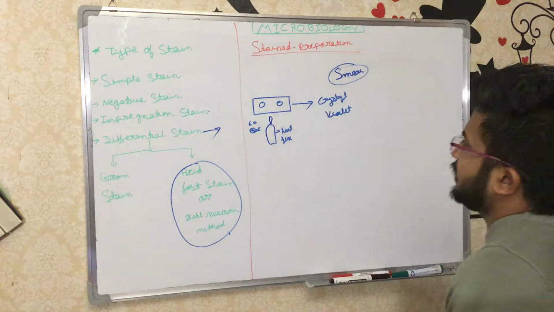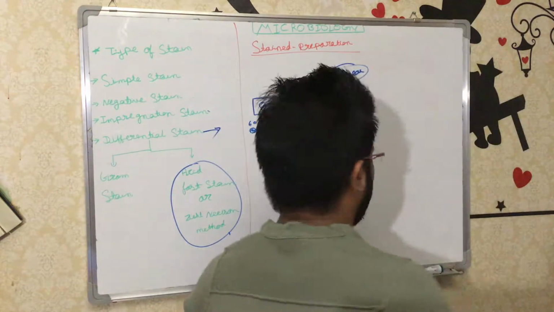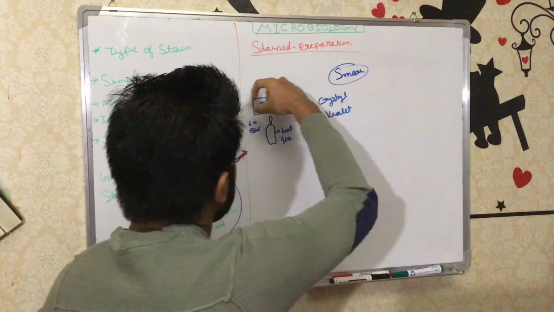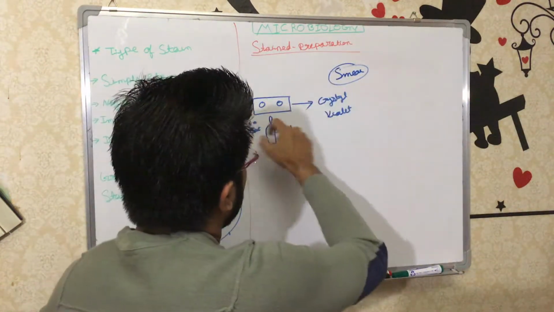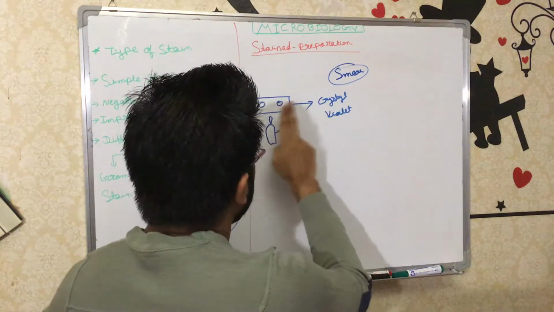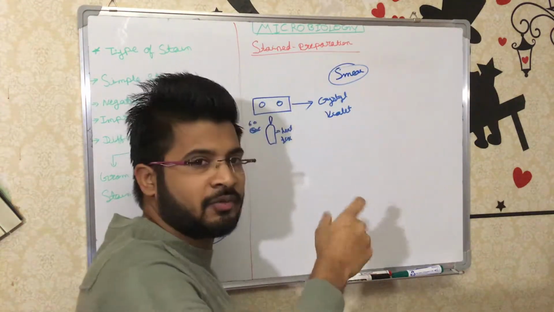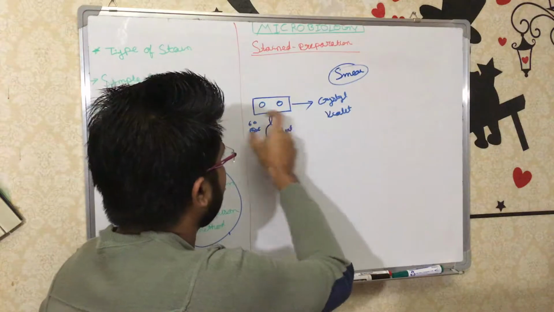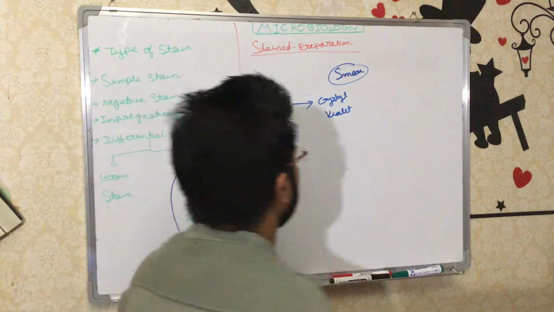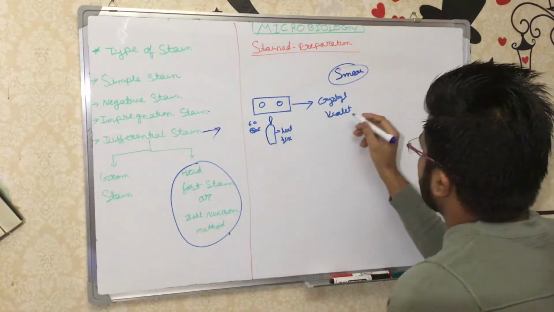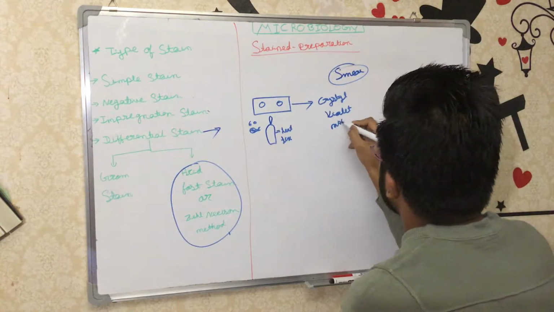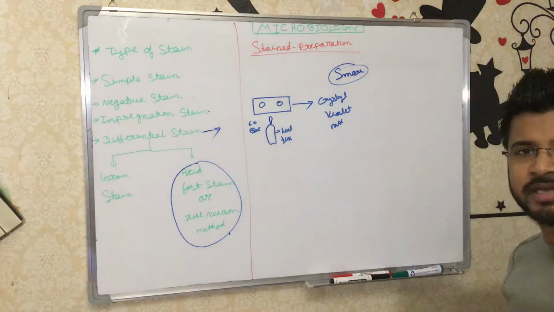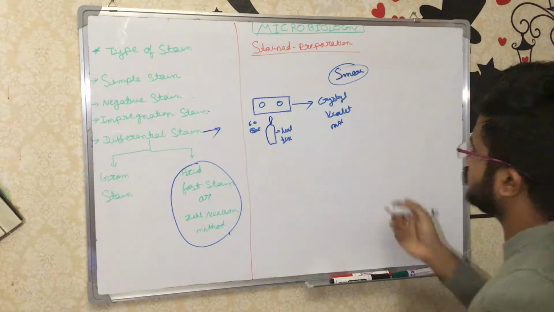We put it with the dropper on the slide and just rub it down, and all the liquid will spread over the whole slide. After this crystal violet step, we should write crystal violet or methylene blue or gentle violet; any one of the three can be used.